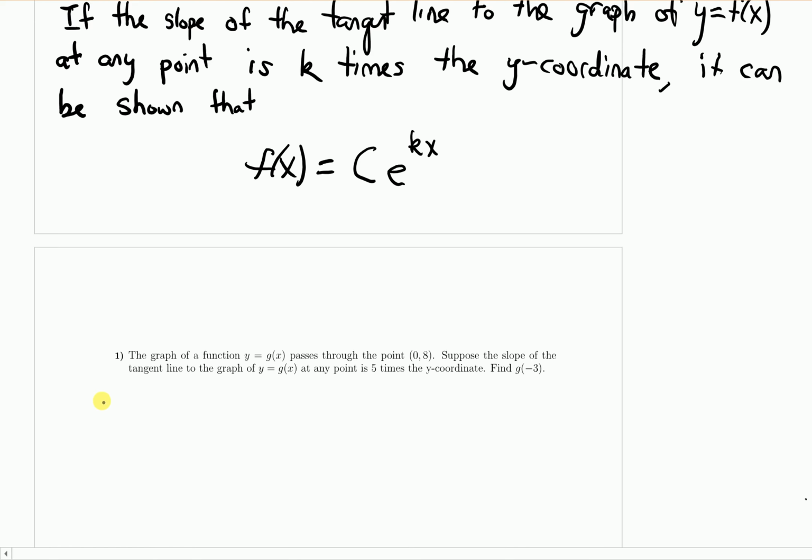Okay, so what this is saying is that the slope of the tangent line equals 5 times the y coordinate.